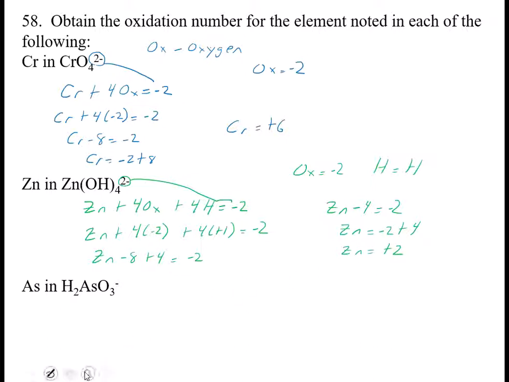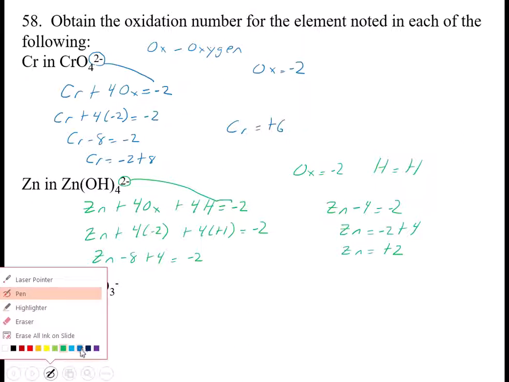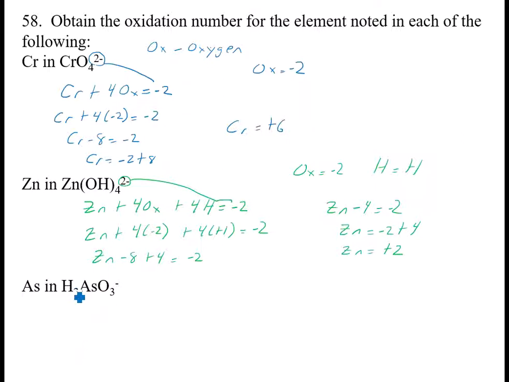And for the last one on the slide, I have dihydrogen arsenite ion. It is going to be 2 hydrogens plus 1 arsenic plus 3 oxygens is equal to, this time, a -1, because all that's written there is a negative. Again, my hydrogen is a +1, my oxygen is a -2, and these came from those rules.